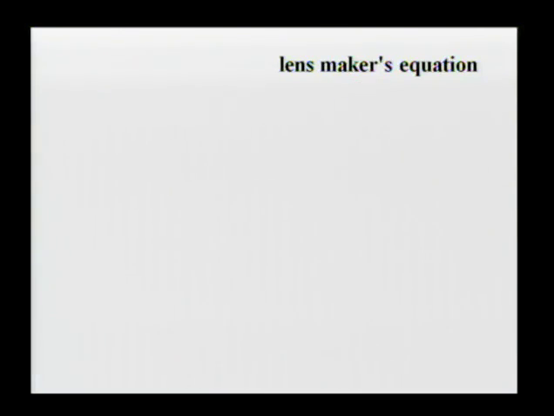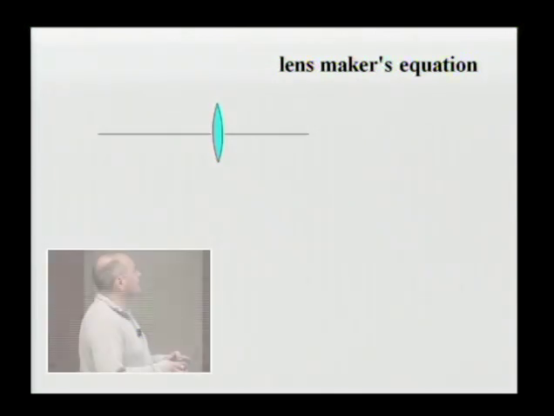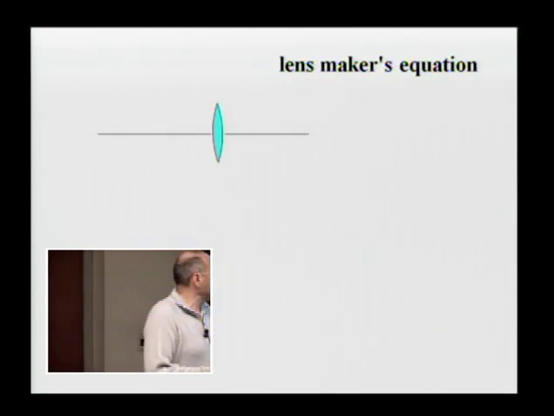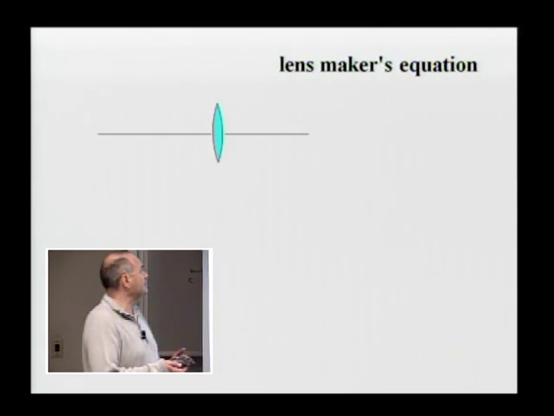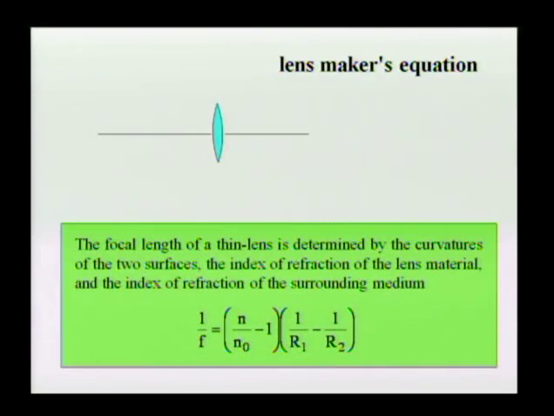Let me just add one slide which says how, and I'm not going to derive it, but I just want you to memorize the relationship between the shape of the lens and the focal length. So if I consider now the curvatures of both surfaces, and if the center of curvature is on the left-hand side of the surface, we assign a positive value for the radius of curvature.